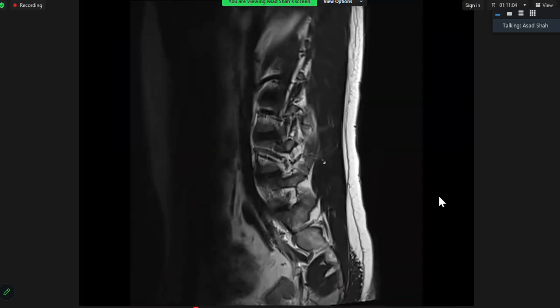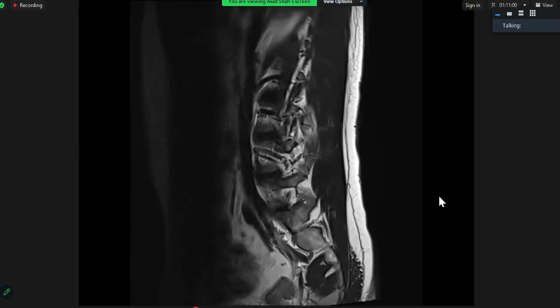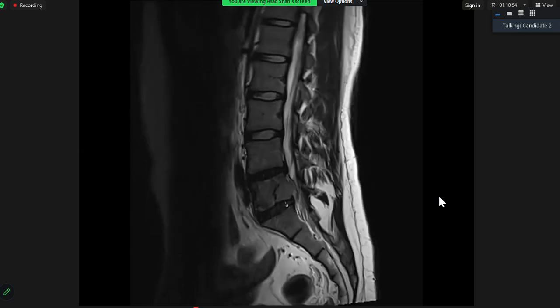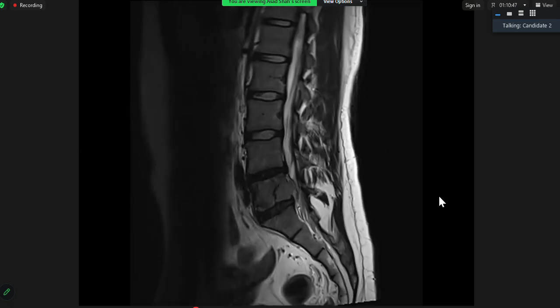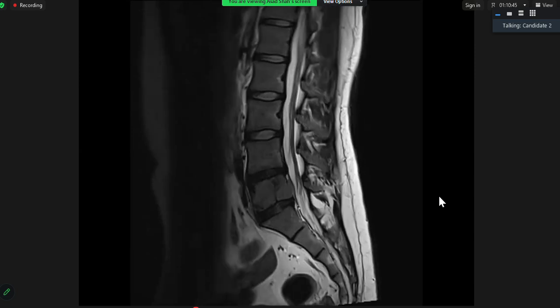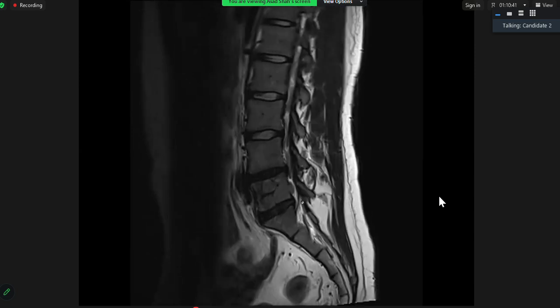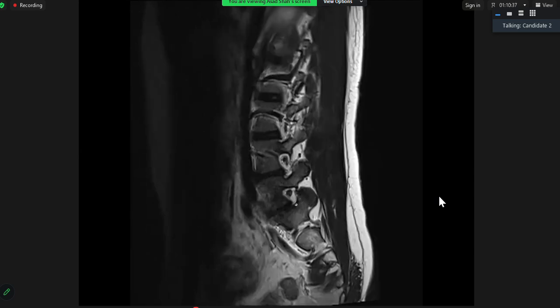You can scroll it. Definitely there are regions of abnormal intensity involving the whole of the L5 lumbar vertebra. These are also causing pathological fracture, and these abnormal intensity areas are extending along the posterior corner of the vertebral body and involving the posterior elements, suggesting it's of a malignant nature.